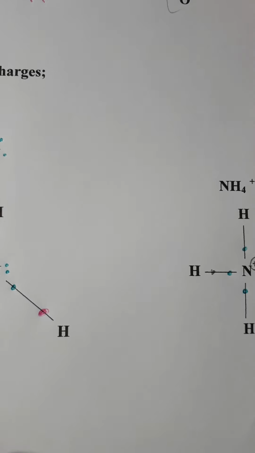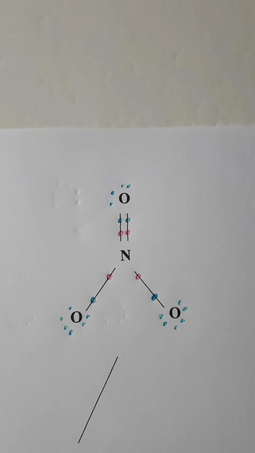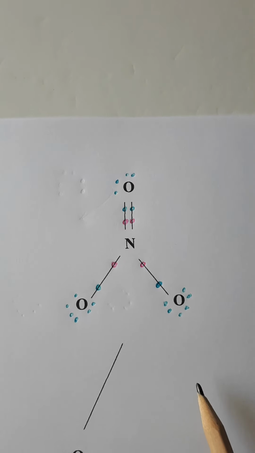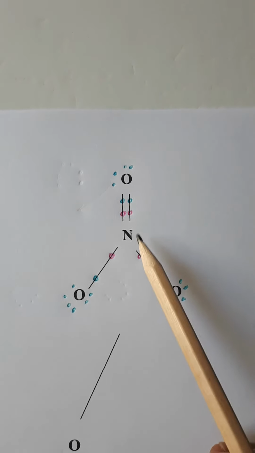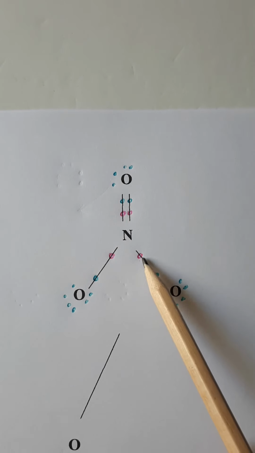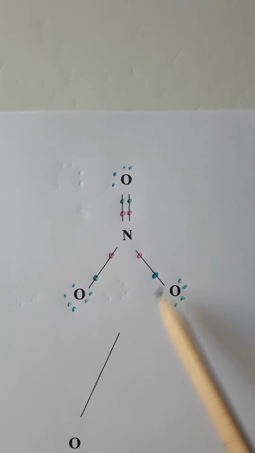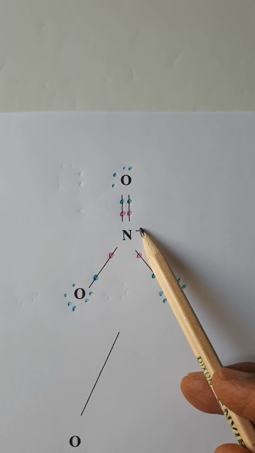Now with that in mind, let's go back to our nitrate ion. Now let's see the formal charges. See the nitrogen atom. Again, it has 4 electrons around it instead of 5. So it has a plus 1 formal charge.